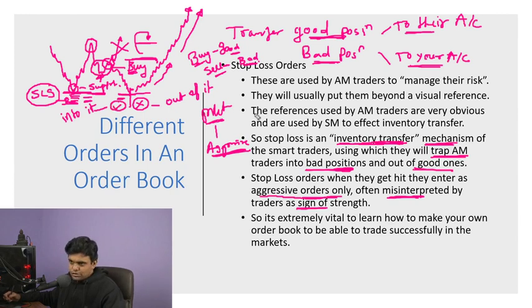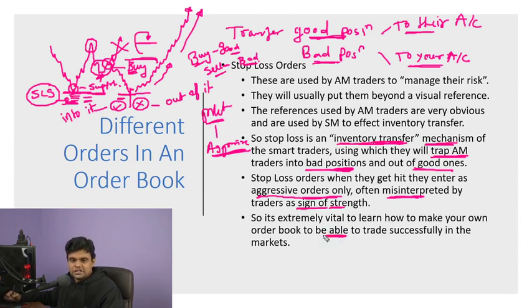Right? So this mechanism of putting in a stop loss sell order or a stop loss buy order, they will go into the system as aggressive orders, but they are not always interpreted as signs of strength.